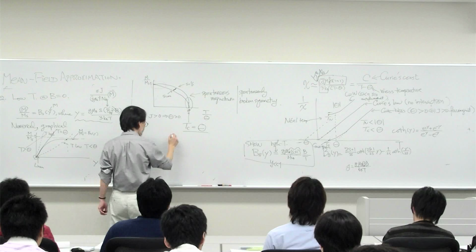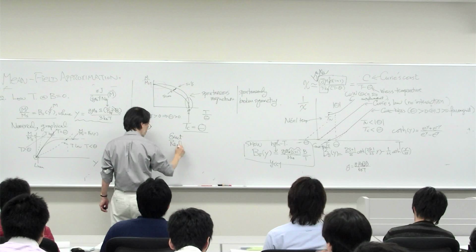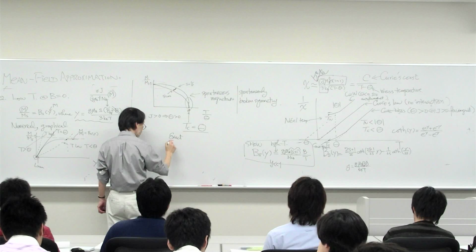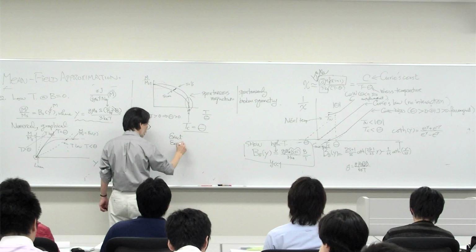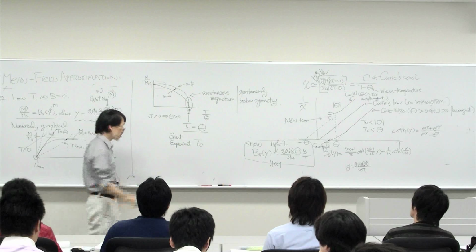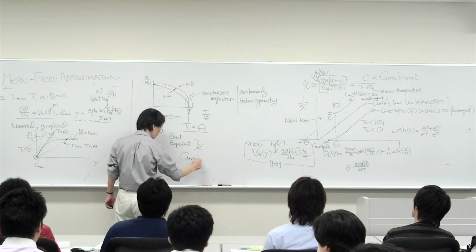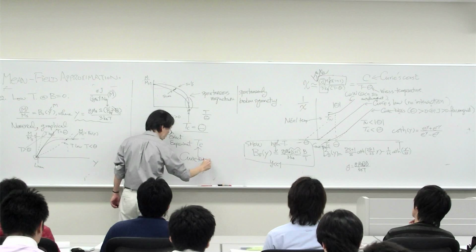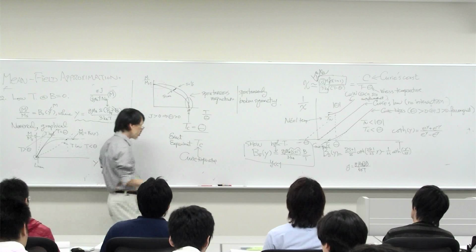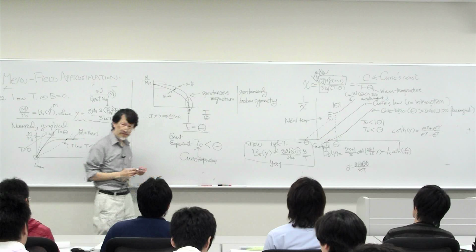But if you do an exact calculation, or in a real material, so if you do either an exact calculation or an experiment, then T sub C, the Curie temperature, below which the magnetization shows up due to the interaction, is usually lower than theta.